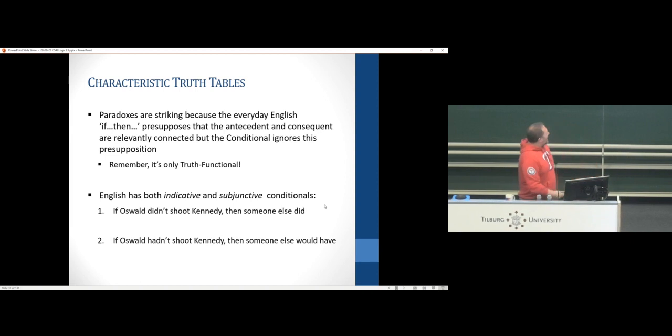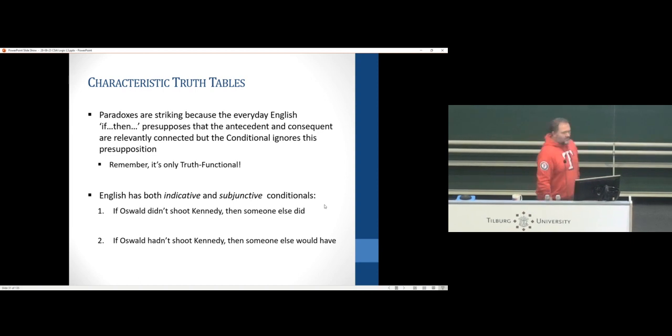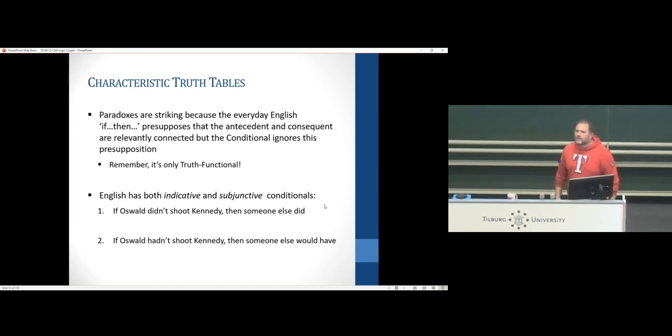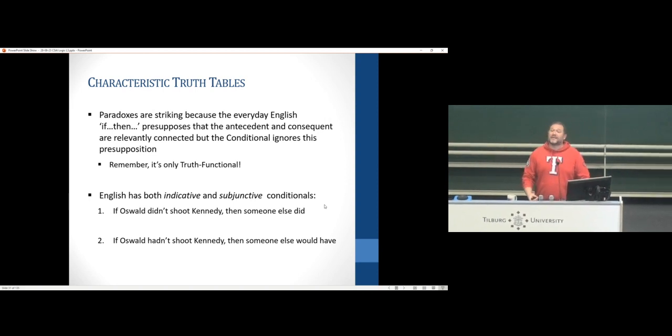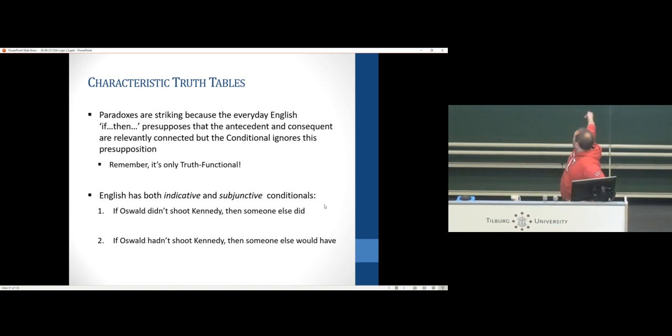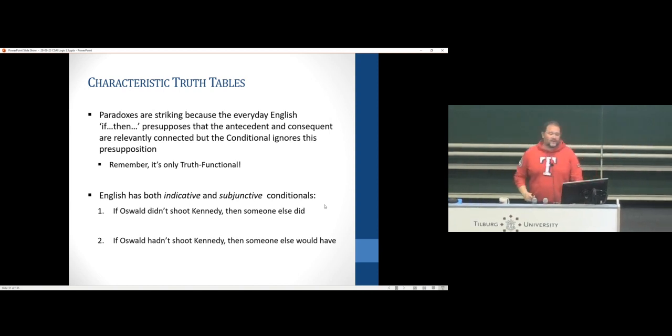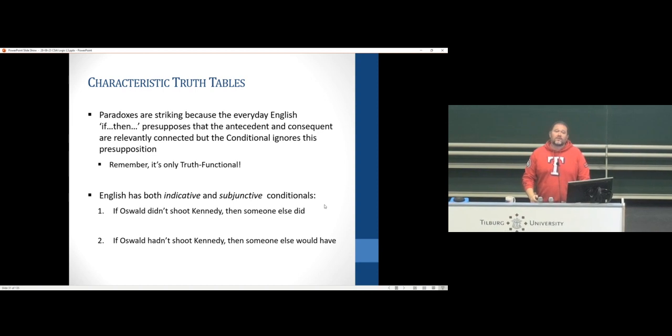And there's another point to note here, and I'm going to go through this very quickly: English has more than just one kind of if-then claim. We can draw it out by comparing "if Oswald didn't shoot Kennedy, then someone else did" with "if Oswald hadn't shot Kennedy, someone else would have."